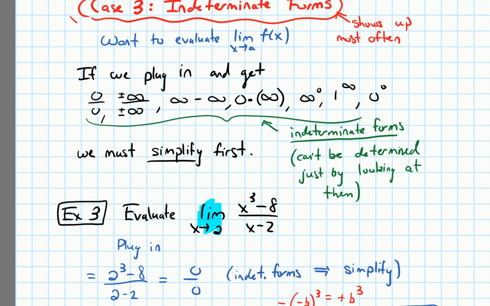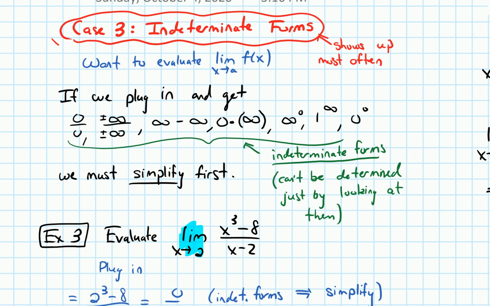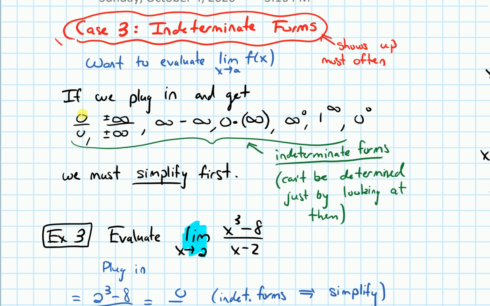And that's part of what makes indeterminate forms indeterminate. Just by looking at the fact that something is 0 over 0, I don't know if it's going to be a finite number. It could be. I don't know if it's going to be infinite. It could be. We've seen examples of both. We have to simplify first to figure it out.